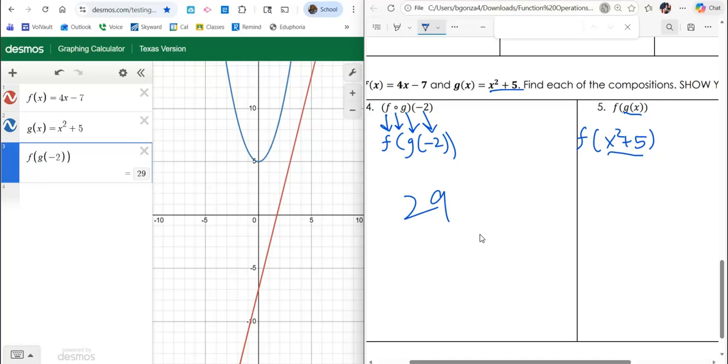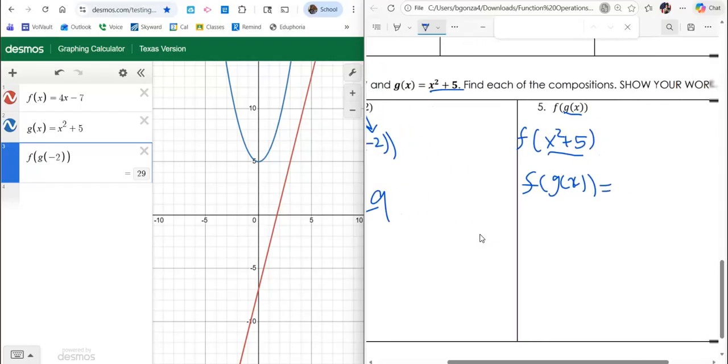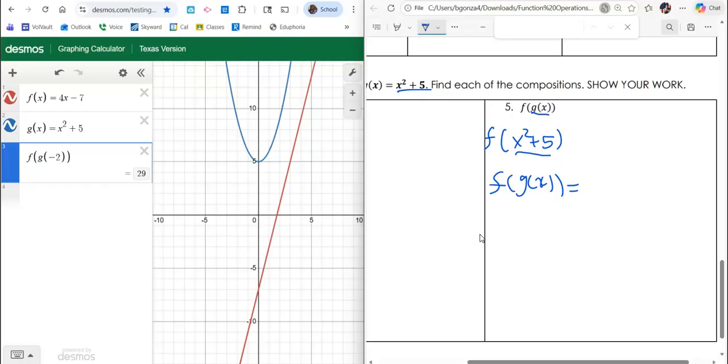This is going to go into this f function wherever I see x, which is right there. So f of g of x equals 4x minus 7. But instead of x, it's going to be 4 times this thing minus 7.